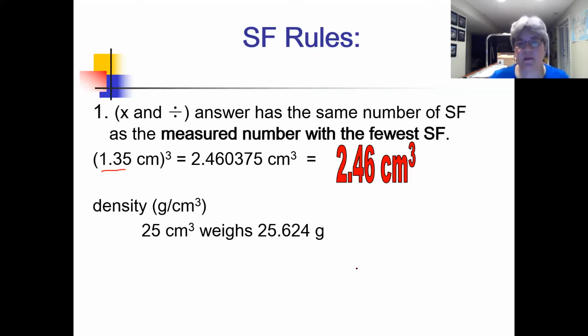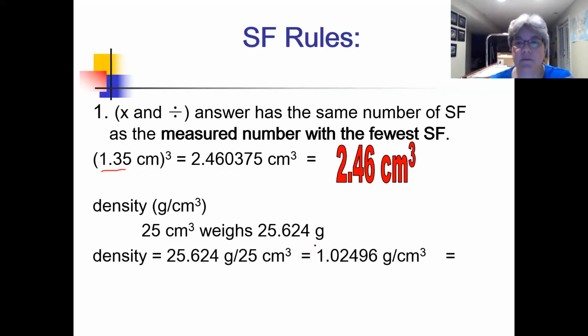Let's say I have some water or a liquid and I have 25 cubic centimeters and I weigh it and it's 25.624 grams. And then I want to calculate density, which is grams divided by cubic centimeters. So my calculator gives me this number. Now, what should you give as your final answer? So remember the rule. We look at how many significant figures for this number.